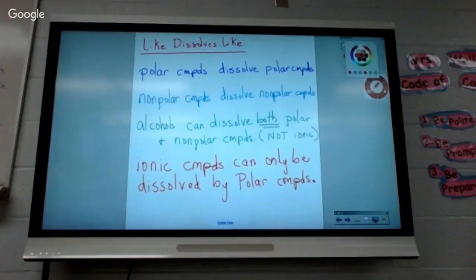Now, those are basically the 4 rules you have to know. The first 2 aren't hard. Those are basically the rule that's underlined up there. Like dissolves like. So the only 2 you really have to remember are the bottom 2. Alcohols can dissolve both polar and nonpolar compounds, not ionic. And ionic compounds can dissolve only polar compounds.